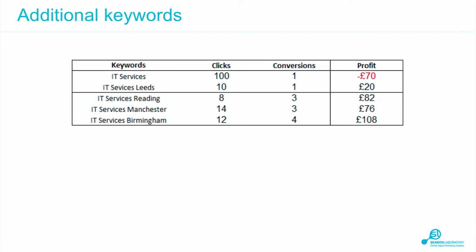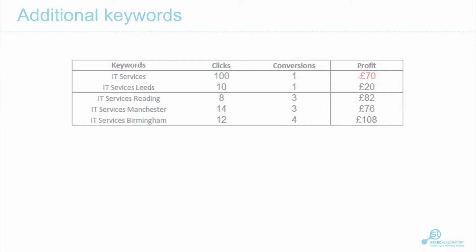So the £20 question, and only one person can answer this, so I'm only accepting the first answer. Does your view of IT services leads change because I've added these 3 further keywords? And if so, how's it changed?